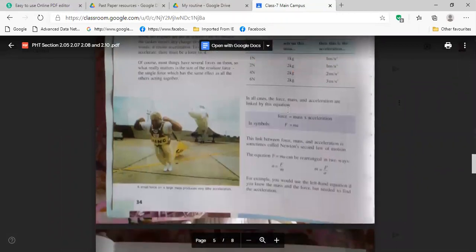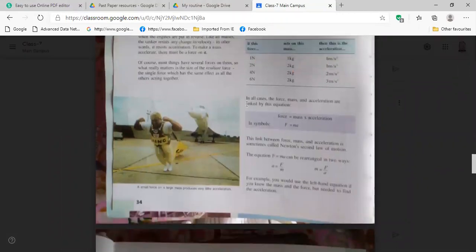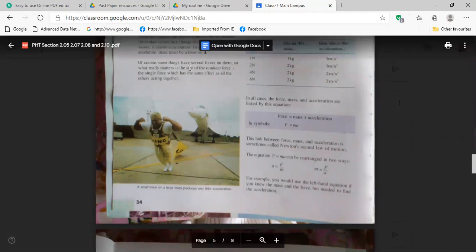Those who were present in the last class already wrote it. Those who are absent, please write it. If you have it, you don't need to write it. Those who don't have it should write it.